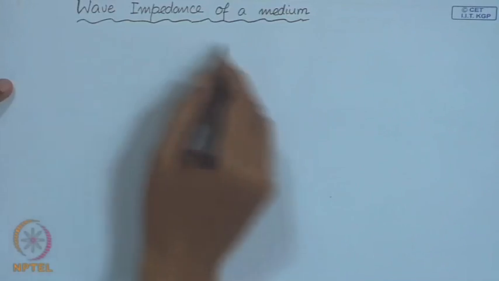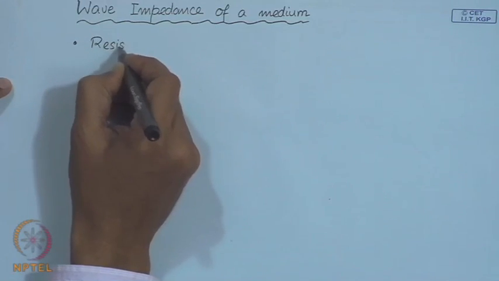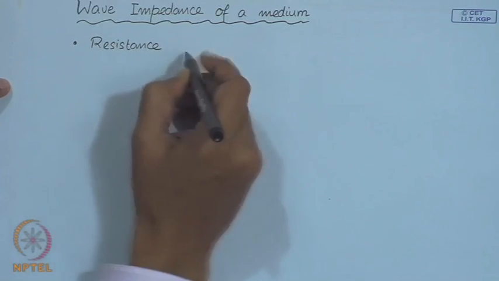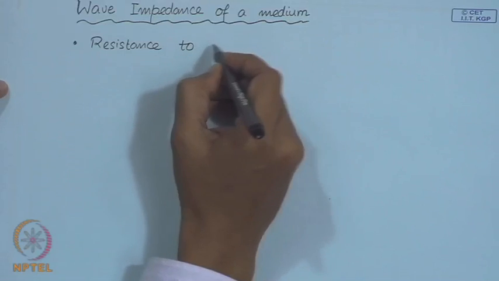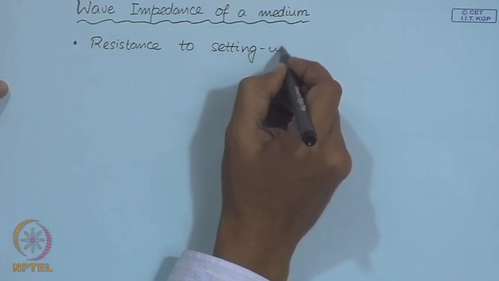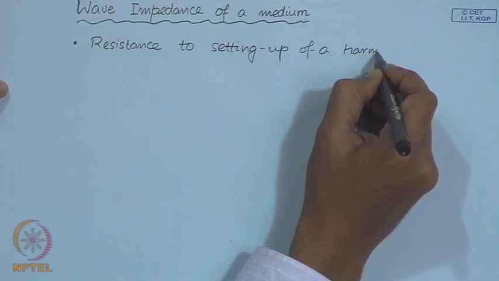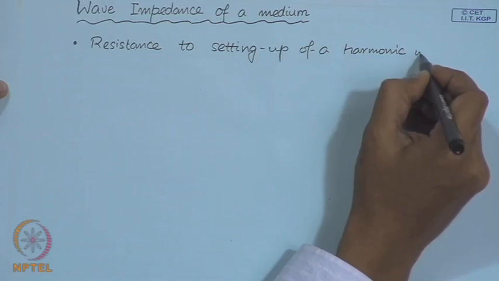So, this is the resistance to setting up of a harmonic wave.